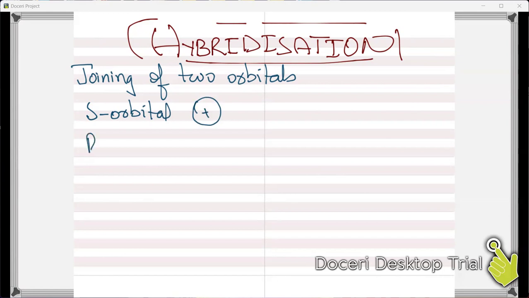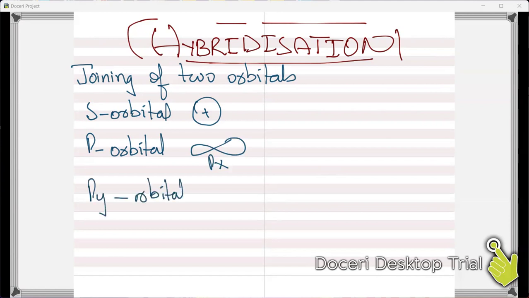Then I have a p orbital, which has a double lobe shape like this. If it's px, then the shape is going to be this. Then I have a py orbital, which has a shape like this. And then I have a pz orbital as well. So they have different shapes.